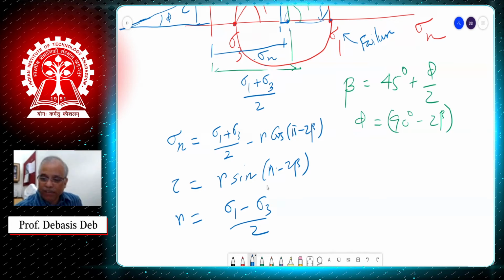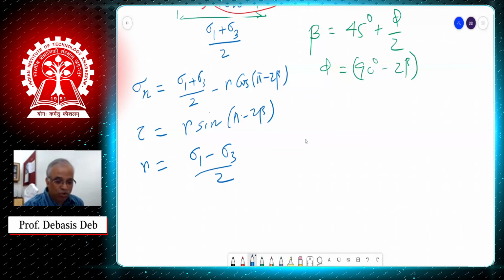Okay. And my equation is tau is equals to C plus sigma n tan phi.